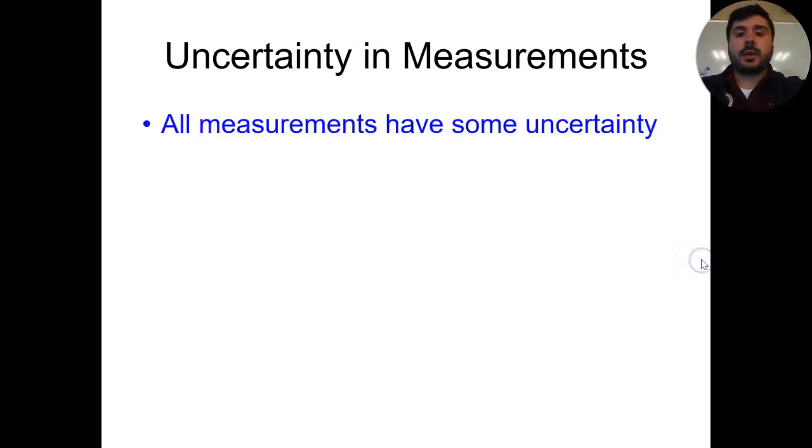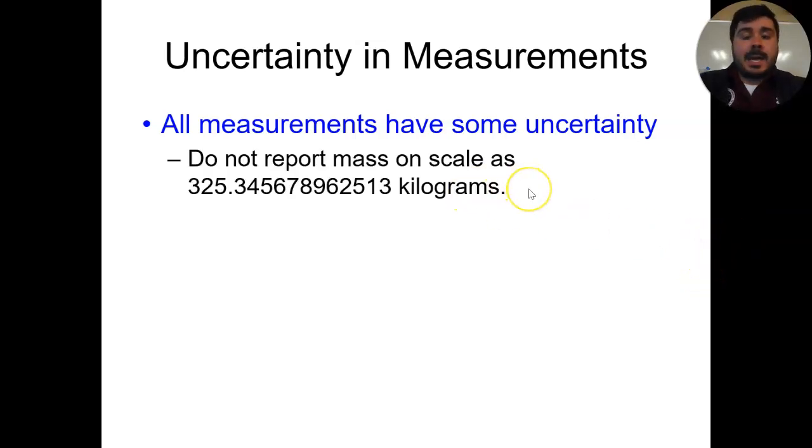So let's take a look here. Again, all measurements are going to have some kind of amount of uncertainty. If, for example, you get some number in your calculator that's got this whole massive string of 12 or 13 digits after the decimal point, no one's ever going to ask you to report every single one of those digits.